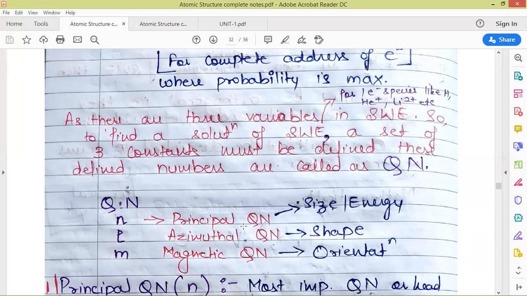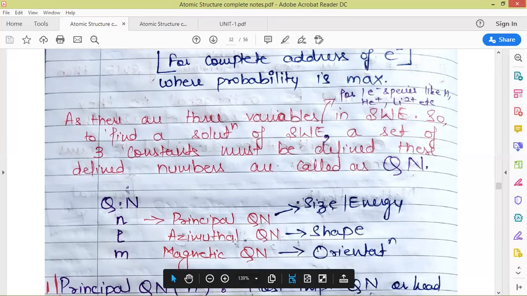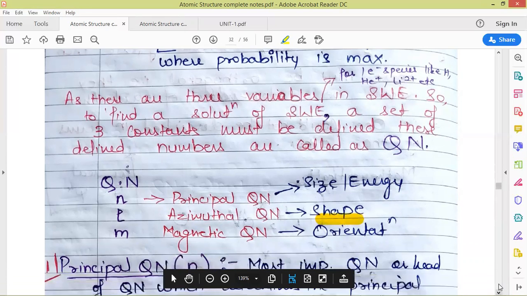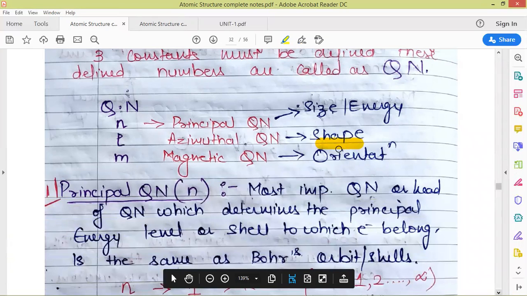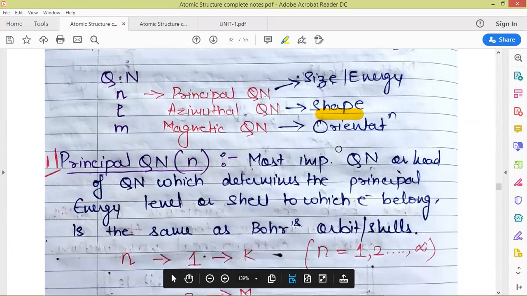It also tells us about the energy of the electron. The next quantum number is L, which is called the angular momentum quantum number or azimuthal quantum number. Quantum number L tells us about the shape of the orbital, the shape of the three-dimensional region in which the probability of finding the electron is maximum.